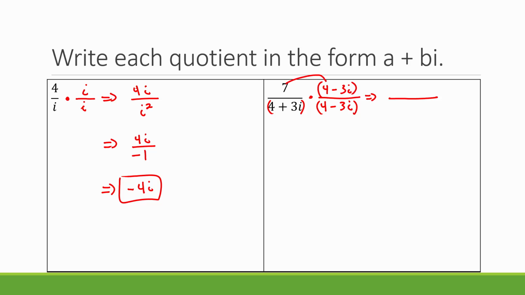So 7 times 4 is 28. 7 times negative 3i is negative 21i. In our denominator, since we have a plus b times a minus b, I will do the first term squared, 4 squared, minus 3i squared.